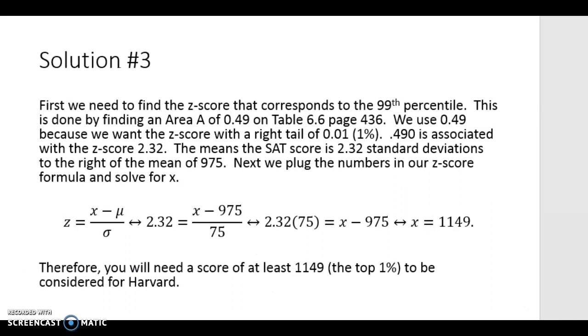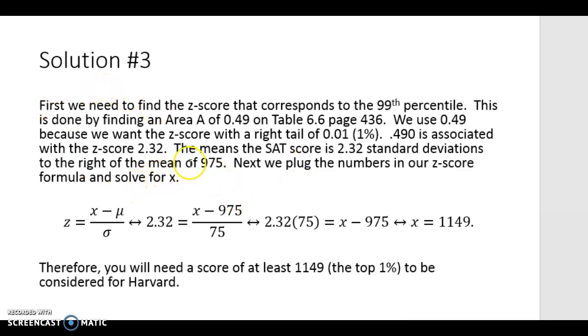Now, since we know our table goes from the mean out to the right, we know that we're looking for 49%, because the total right-hand side from the mean is going to be 50%. So if we looked at 0.49 on our table, that would leave a tail of 0.01 to the right of that.